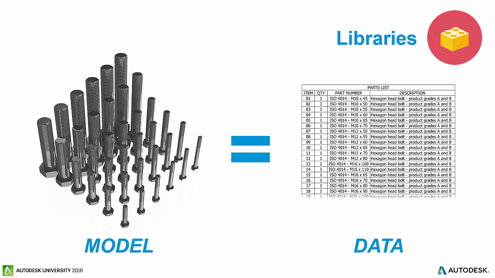So that process could easily take a week for a large design to produce a procurement list, a list of all the raw materials needed to buy, a list of all the hardware we needed to buy, a parts list so that the guys on the shop floor could cut all the parts up, and then the drawings which would show them where the parts were used and how the parts need to be put together. So that was a week's work, but that was a week's work I didn't have to do when I built my assemblies in 3D.